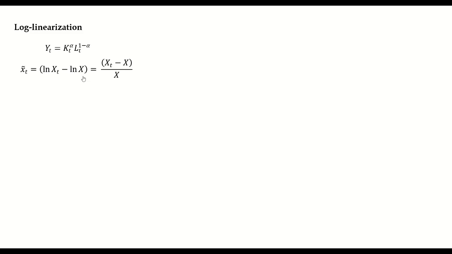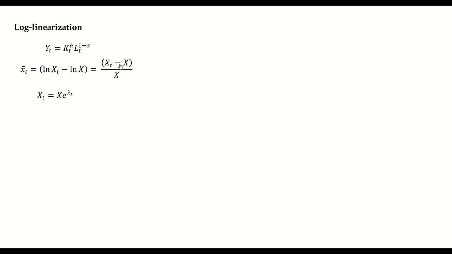Log differences are percentage deviations. If you want, we can derive this as well, but let's just take it as a given that this expression equals this. So let's proceed with that, and look at some of the shortcuts.